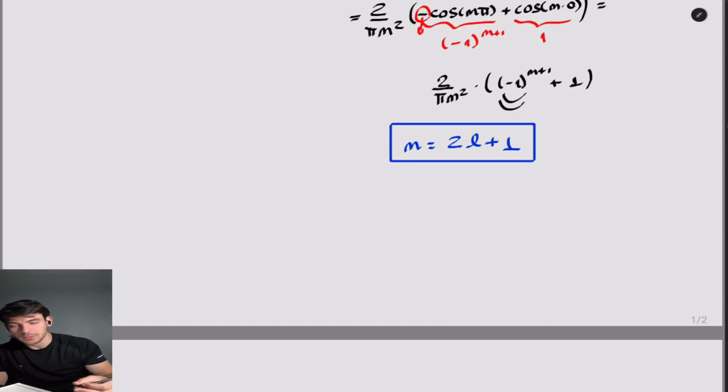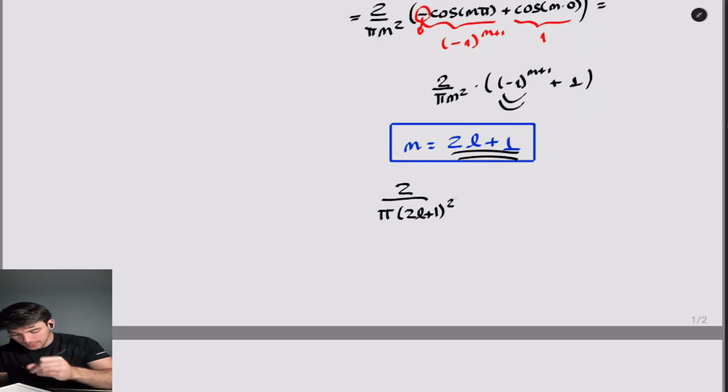And now we'll simplify our expression. So we'll have here 2 divided by pi n squared, but n is 2l plus 1, so 2l plus 1 squared. And here we'll have minus 1 to the power of n plus 1, but n is an odd number, so minus 1 to the power of n plus 1 equals 1, since the n is odd, and we've already analyzed the logic, so it is 1, so 1 plus 1 equals 2, 2 times 2 equals 4.